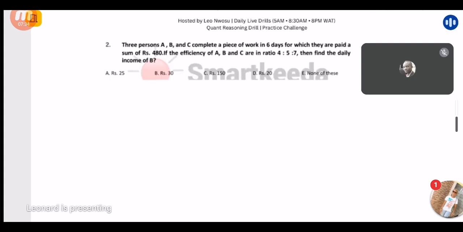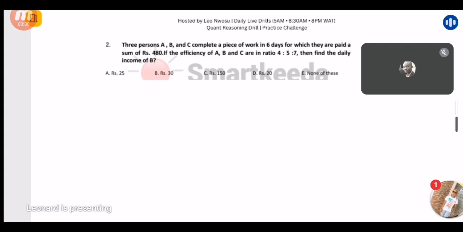Here comes the next question, and I think this one looks a bit easier. A, B, and C again. Instead of giving us names that are difficult to pronounce, A, B, and C did a piece of work in 6 days, for which they are paid a sum of 480 rupees.